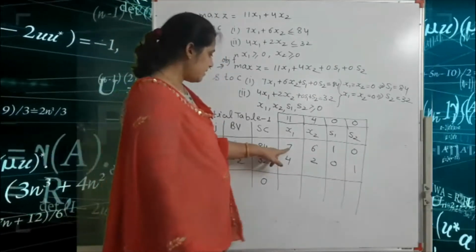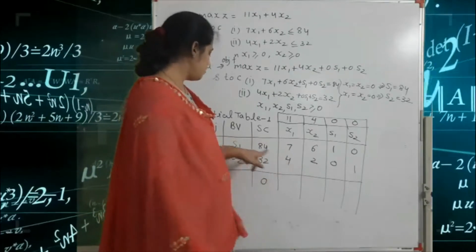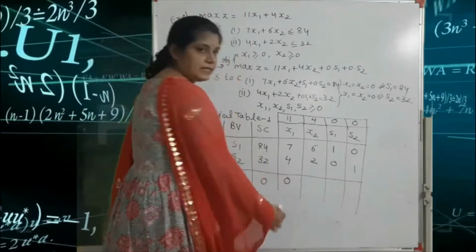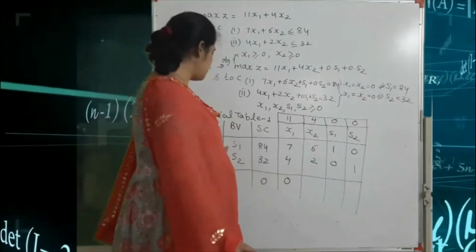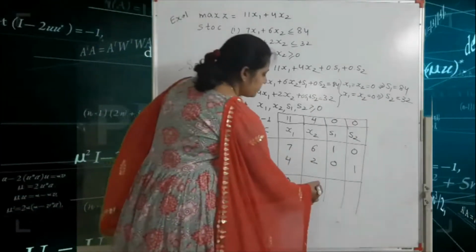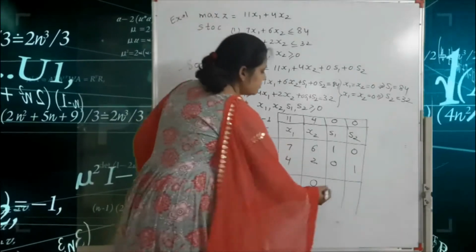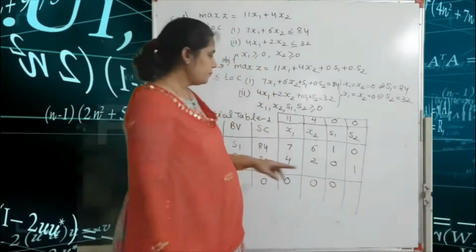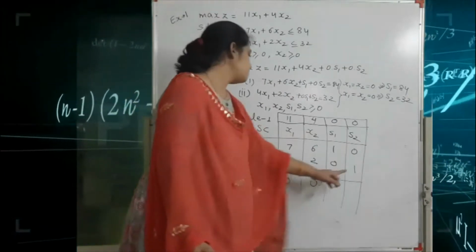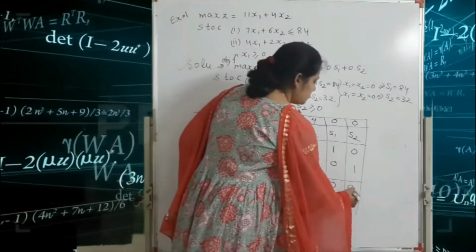Got it? 7 into 0 plus 4 into 0, that means 0. 6 into 0 plus 2 into 0, that means 0. 1 into 0 plus 0 into 0, so we write 0. 0 into 0 plus 1 into 0 is equal to 0.